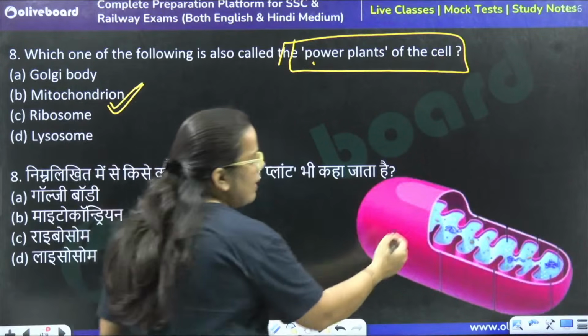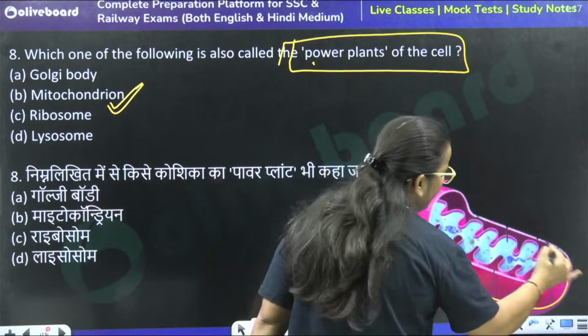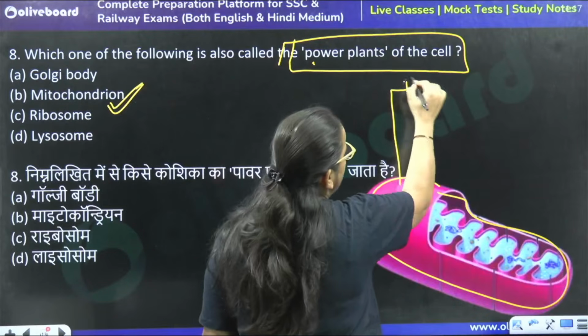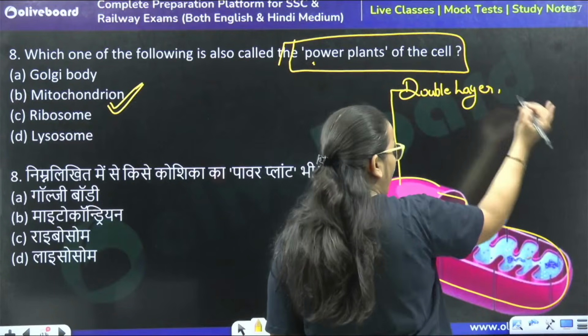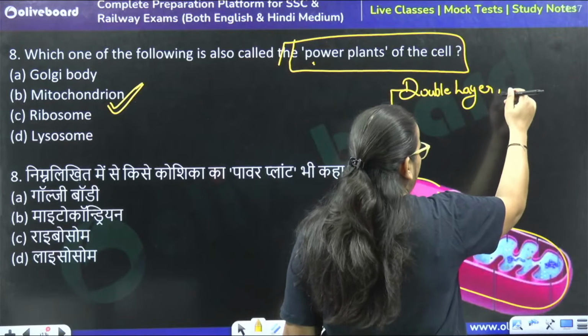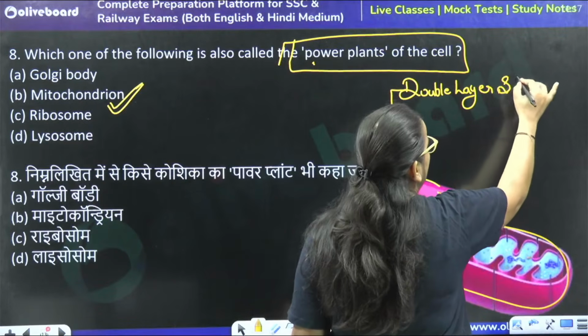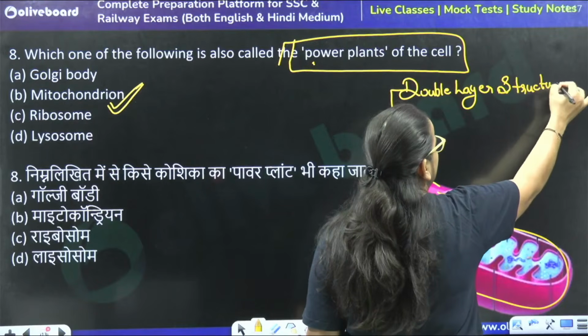Reason, actually mitochondria is also a double layer structure, right?